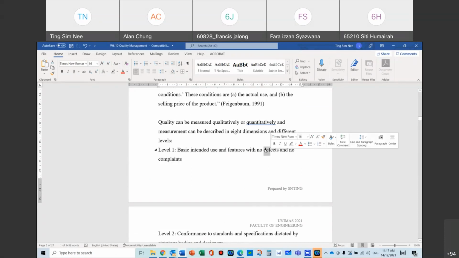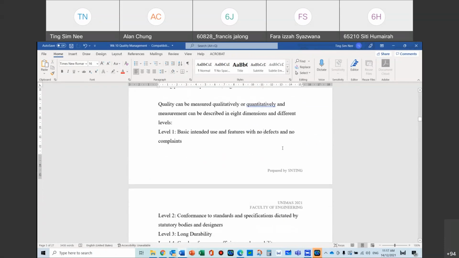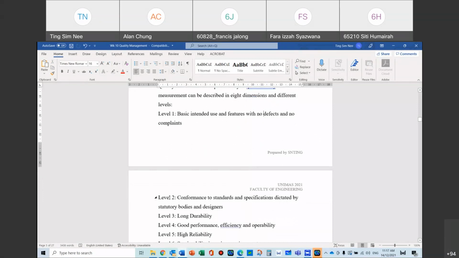Meaning, like I said, if you say the house is habitable, there shouldn't be any major defect that makes it inhabitable. There shouldn't be any complaints that say I cannot live in this house, okay? And then level 2 is conformance to certain standards and specifications, which is detected by the statutory body.